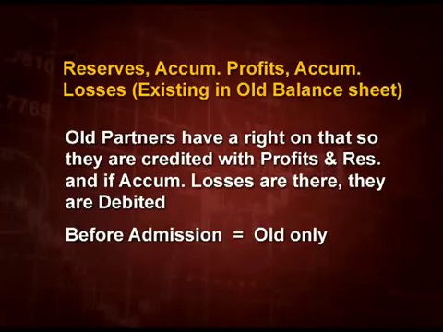Yes, old partners. So, we will distribute them to the old partners. They are credited with the profits and reserves, and if accumulated losses are there, they are debited, because whatever is before admission belongs to old partners only.